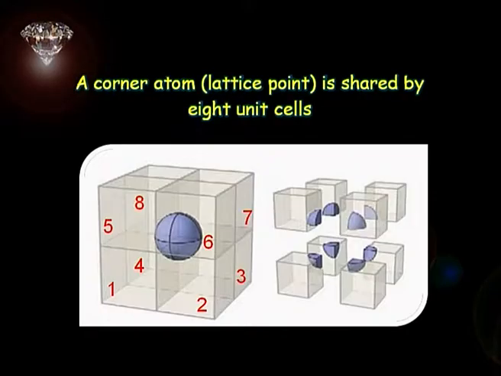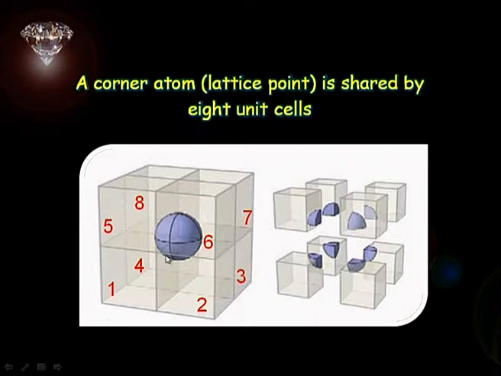Now, let us try to go a little deeper into our cubic unit cells. If you look at the corner atom, this picture shows about 8 unit cells as 8 small cubicles. Just for the sake of it, we put one atom here which is part of all the 8 small unit cells.